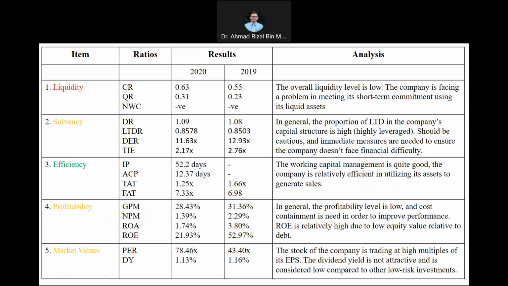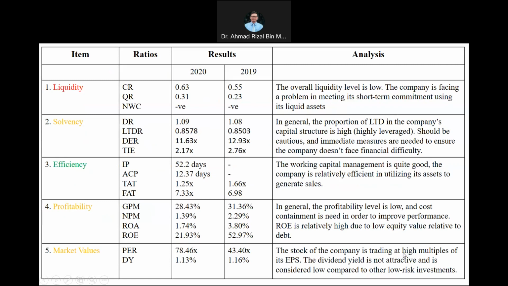But the reason it is high is because of the relatively small amount of equity in that company. And finally, for market values, we say that the stock is expensive because it is trading, although it is only 2 ringgit, at 78 times multiple its earnings per share.